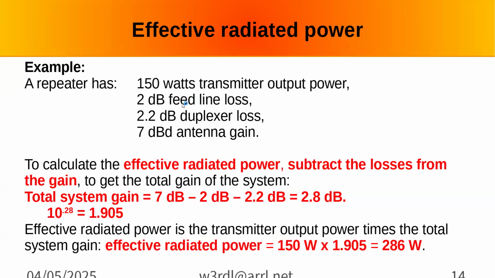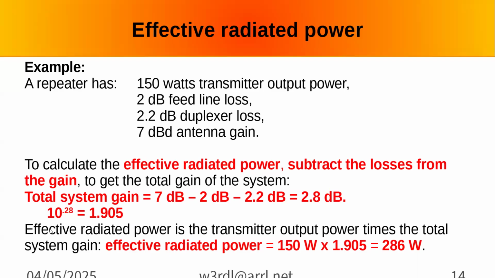If we were at like 6 meter band, you had 50 or 100 feet of cable, that's probably at least that much loss. And you got a duplexer in the line, and you got a 7 dB antenna, and you add all those up and figure out what the multiplication factor is, because we come out with 2.8 dB.